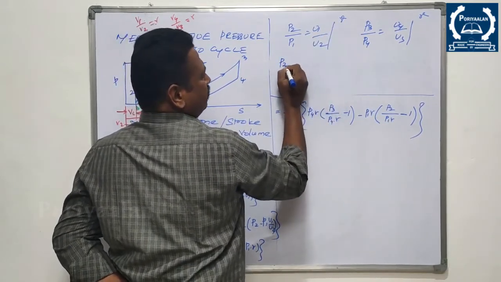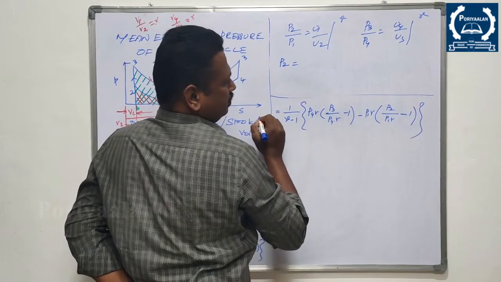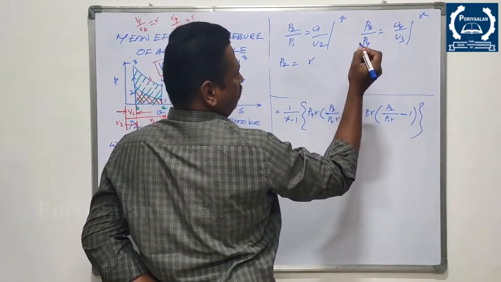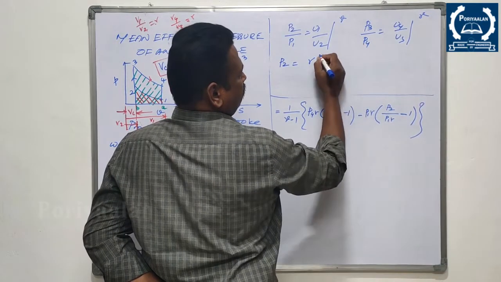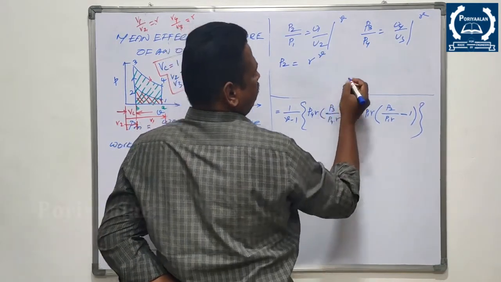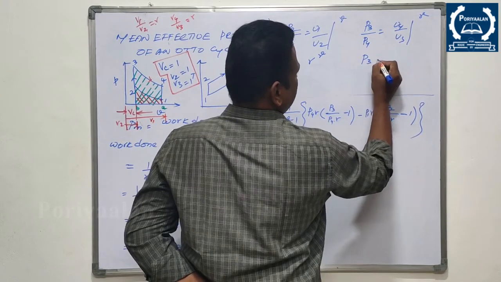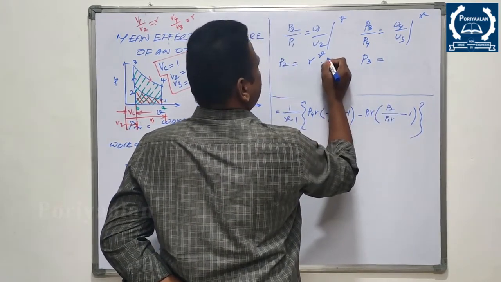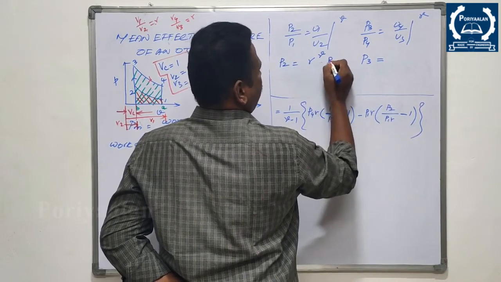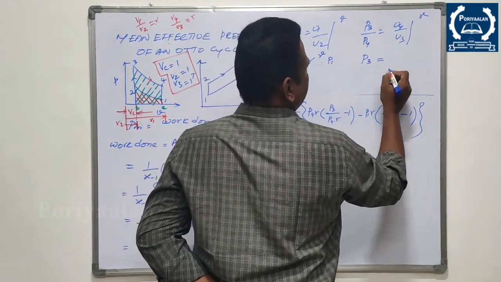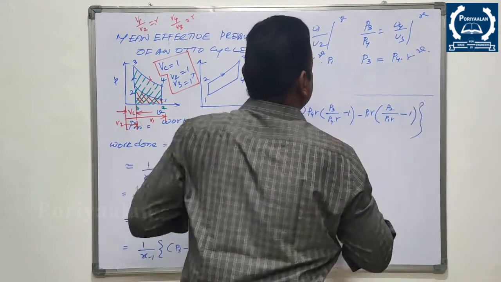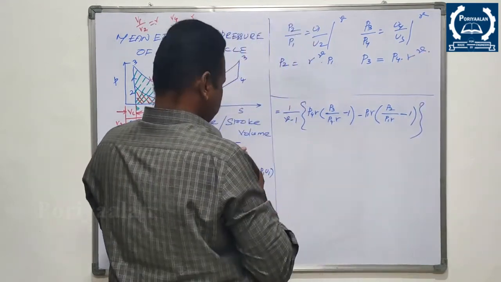So P2 can be written as P1 into r power gamma. Likewise, P3 can be written as P4 into r power gamma. So these two things you should remember.